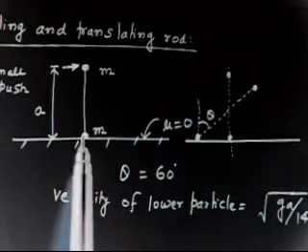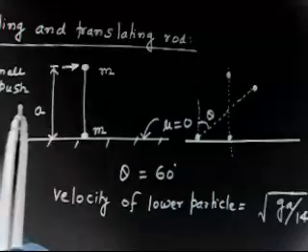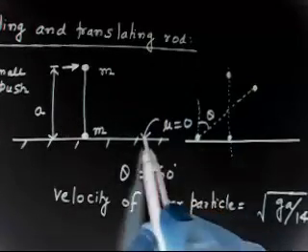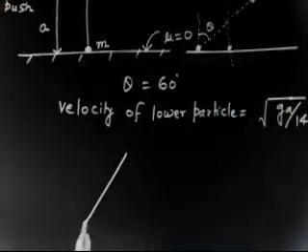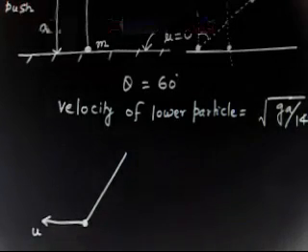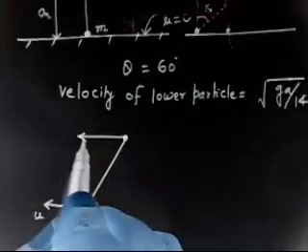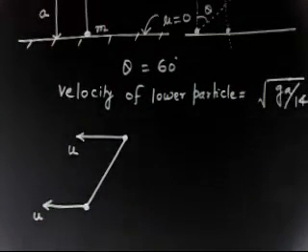I can assume the center of mass is going this side with a speed u. This means this mass is also going this side with a speed u, because the center of mass is translating in this direction with a speed u. So this and this both are going with a speed u in this direction.